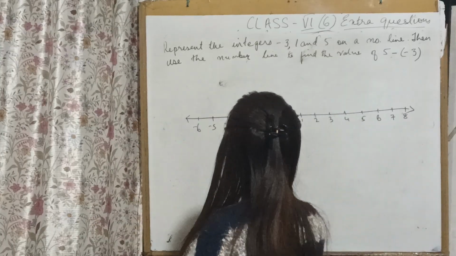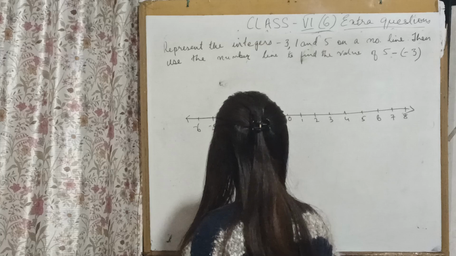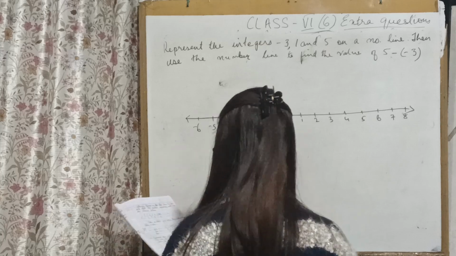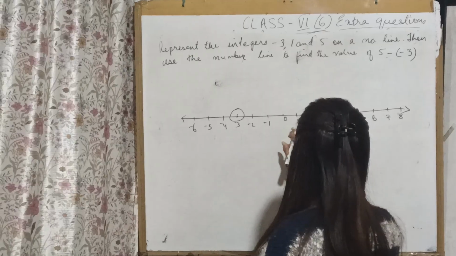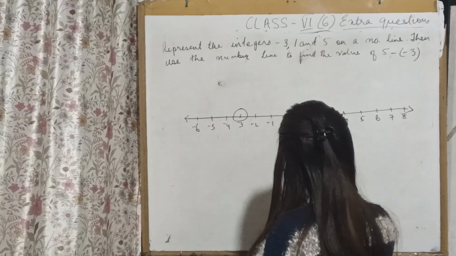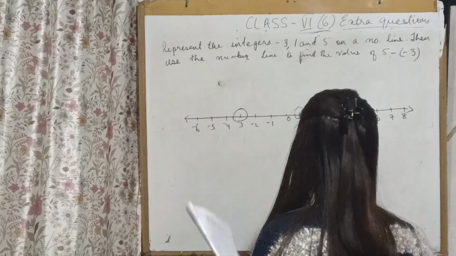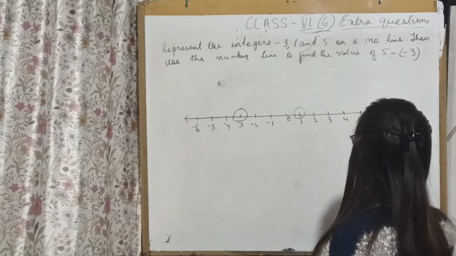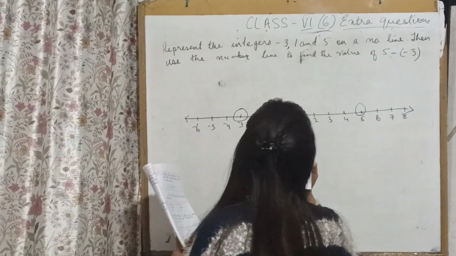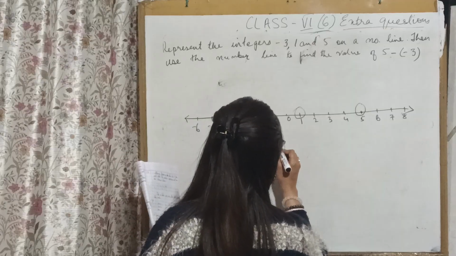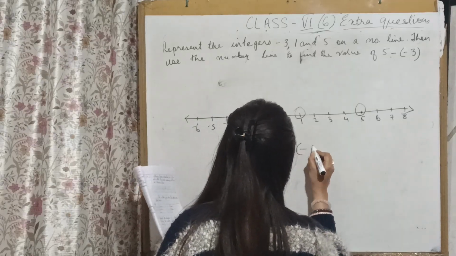So mark. Just put a circle here. So this is -3. Then they asked you for 1. 1 matlab +1. So it will be this side. Okay. Then they asked you for 5. So this is your 5. A positive 5. Now you have 5 minus of -3.